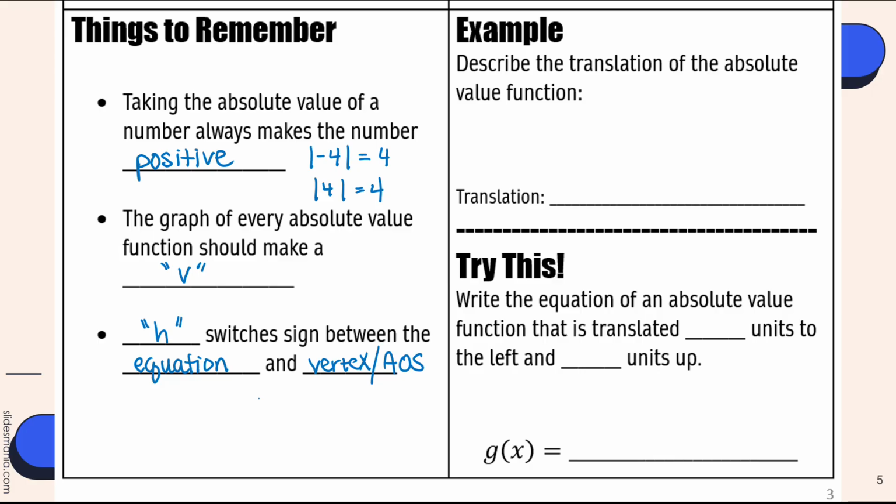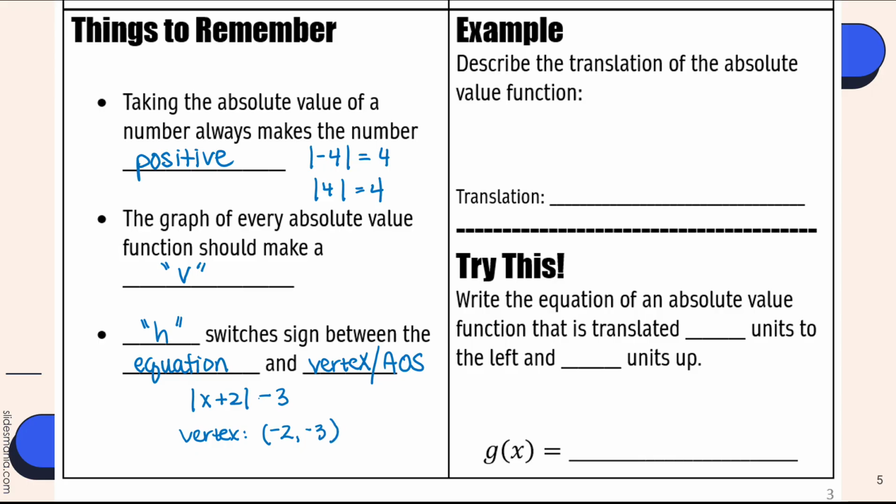So what we mean by that is if I had |x + 2| - 3, my vertex would be at (-2, -3), opposite of that inside number.